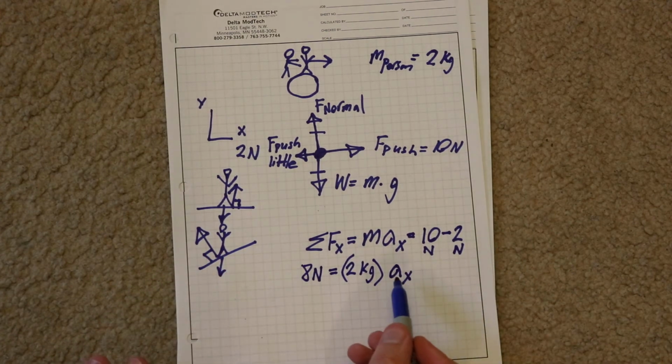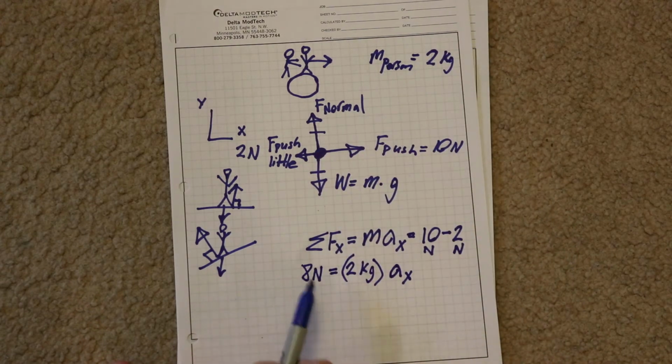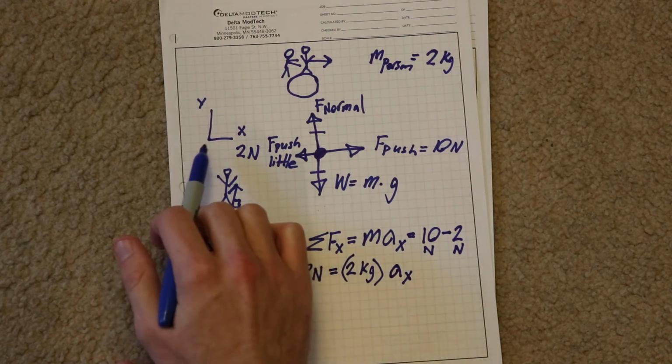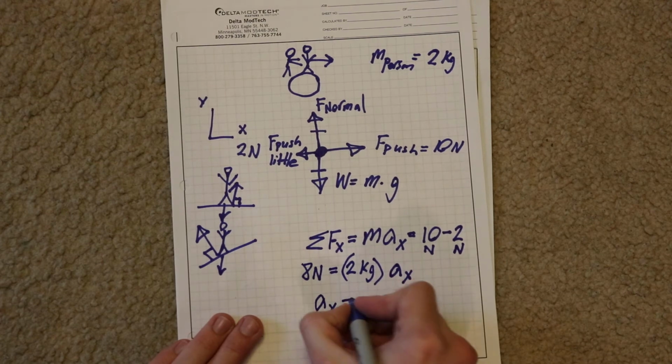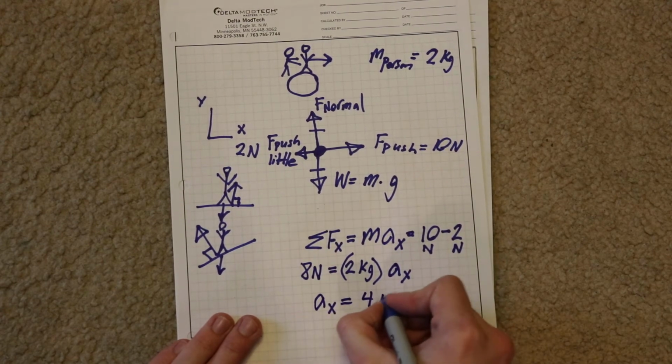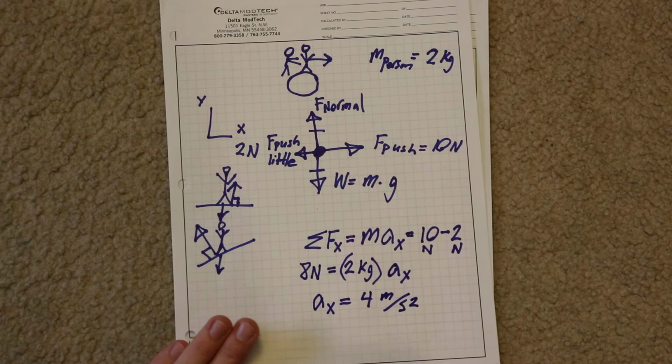So how do we solve for this acceleration? Because of its mass being 2 kilograms and the net force being 8 newtons in the positive rightward direction, acceleration in the x direction is just 4 meters per second squared, because the units cancel out that way.